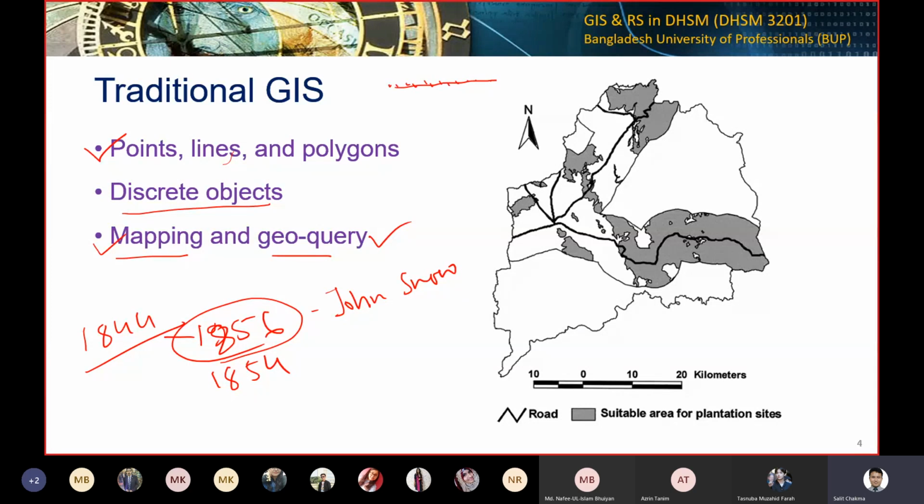So the idea was the same, but the difference is that this French guy, almost 12 years before John Snow, only created a map of where the cholera outbreaks were. That's just mapping. He didn't do any analysis.